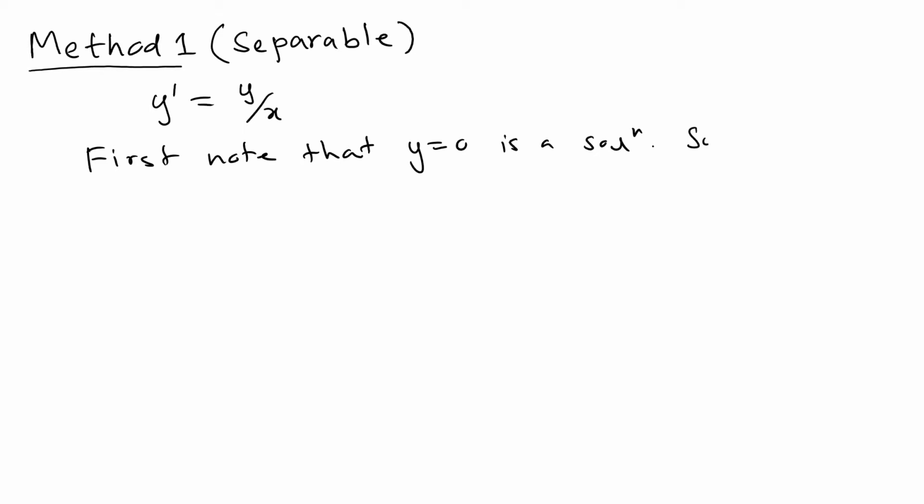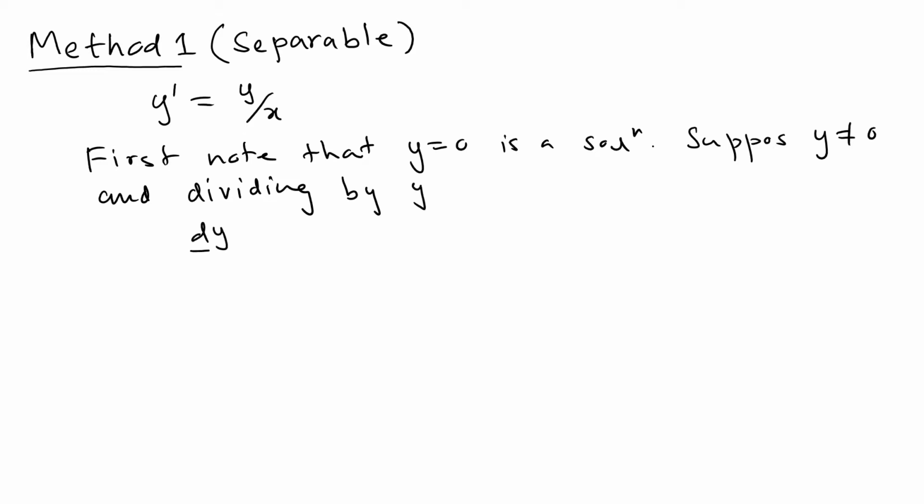To find the other solutions, suppose y is not equal to 0. We can divide both sides by y, and we can write this as dy over y equals dx over x.